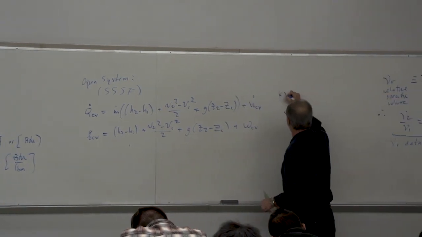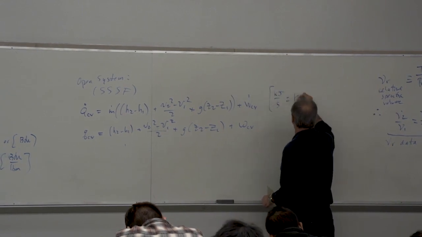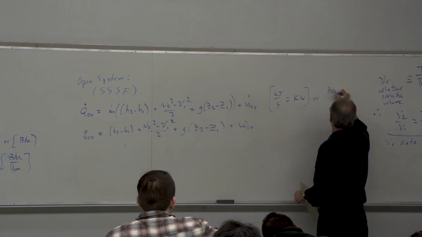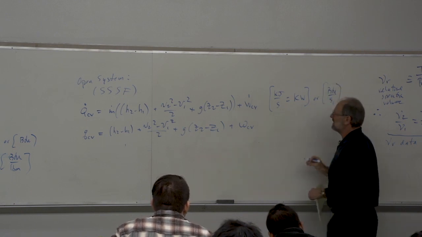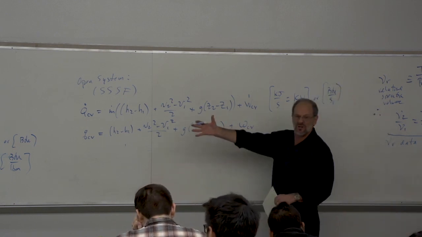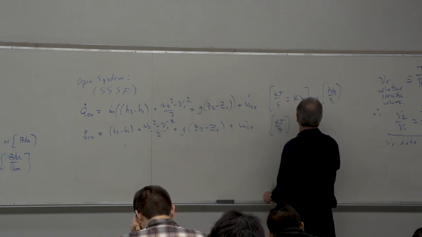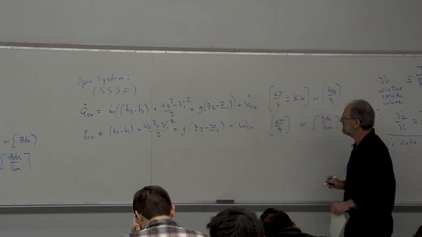So the units are going to be kilojoules per second, which by the way equals a kilowatt, or it could be in BTUs per second, which would be pretty typical for the British system. Okay. On a per unit mass basis, it's the same units we have over there, kilojoules per kilogram, or BTUs per pound mass.